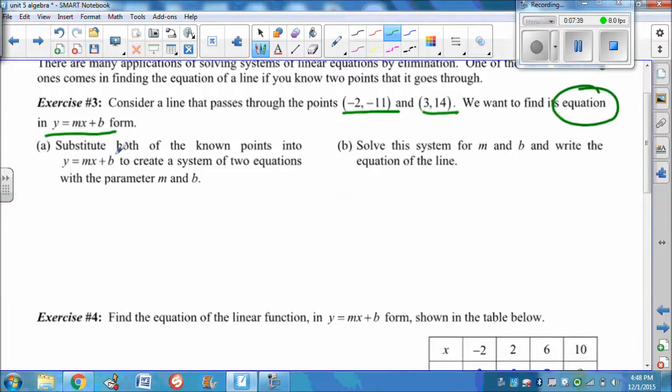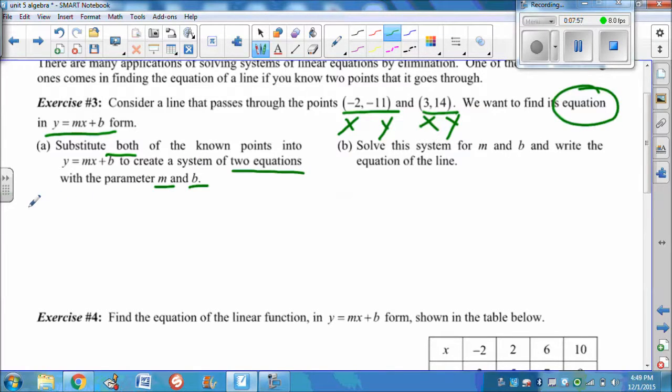It says, substitute both of the known points into y equals mx plus b to create a system of 2 equations with the parameters m and b. So meaning we're going to solve for m and b. There's my x, there's my y, there's another x, there's another y.